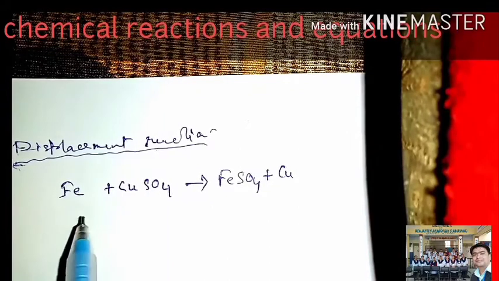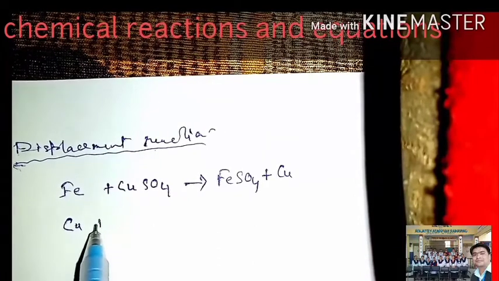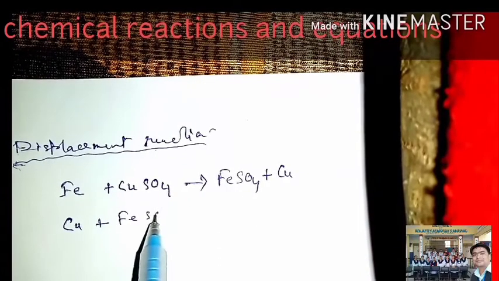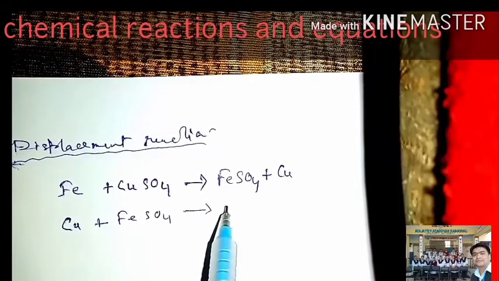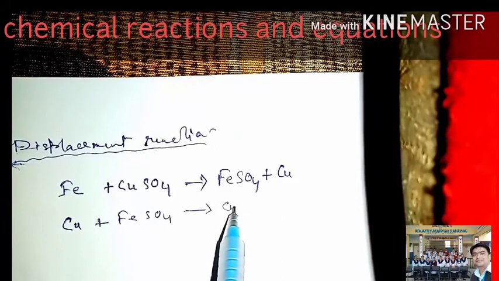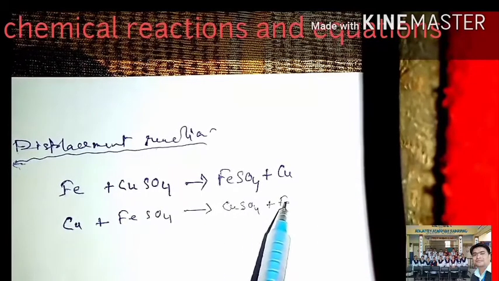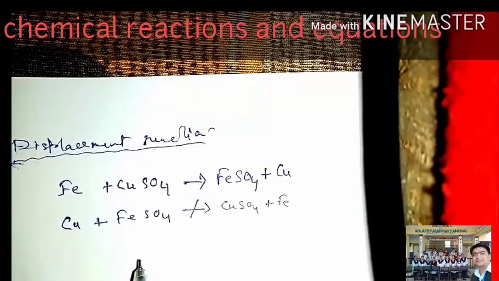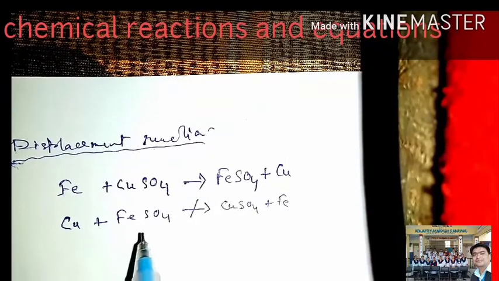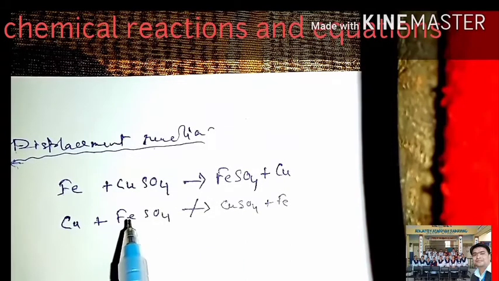Now students, let me try another one. Suppose I'm taking copper and I'm writing here FeSO4, and you can expect CuSO4 plus Fe. But students, this reaction does not occur. The reason is that to give copper sulfate, copper has to displace iron.